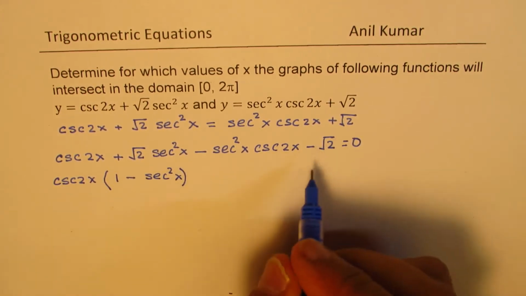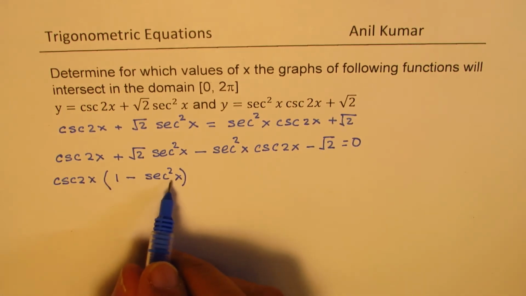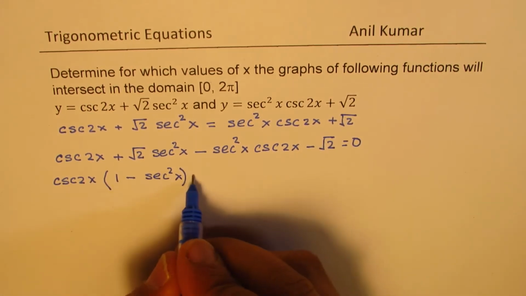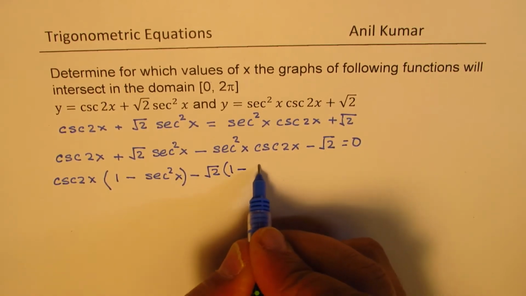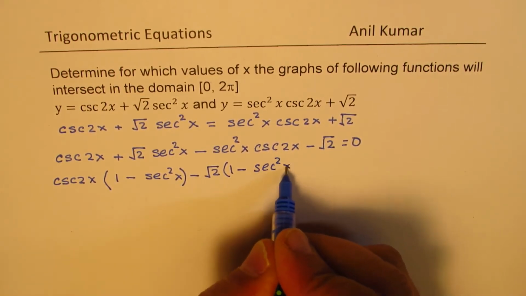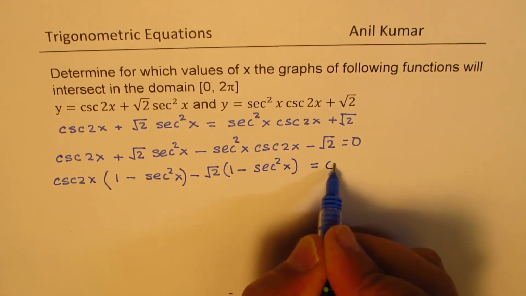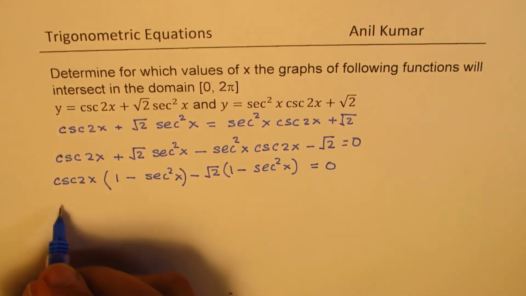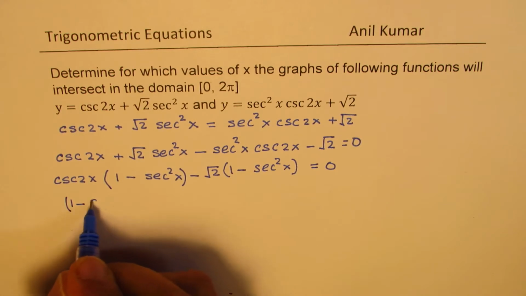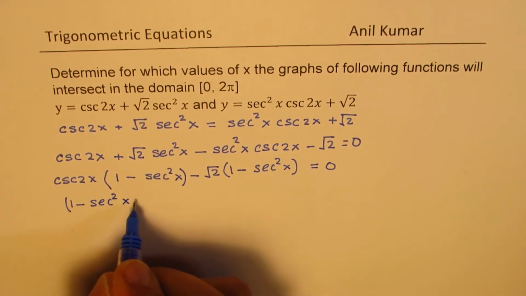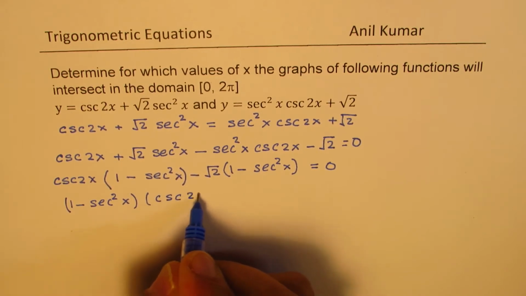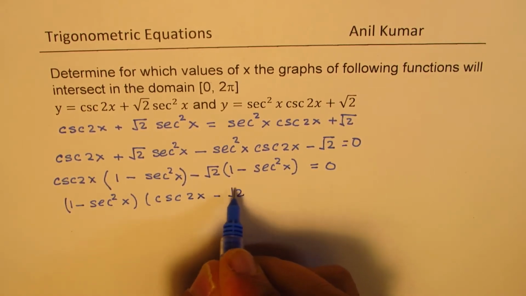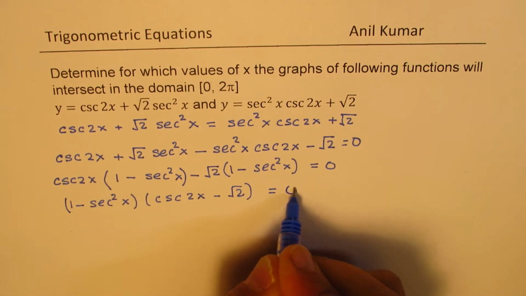Since we have 1 minus secant square x, let me take minus square root 2 as common, so I have 1 minus secant square x. Now 1 minus secant square x is common, so let's factor this out, times cosecant 2x minus square root 2, and that should be equal to 0.